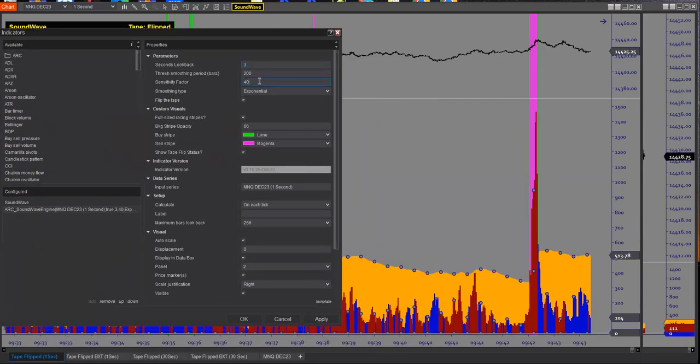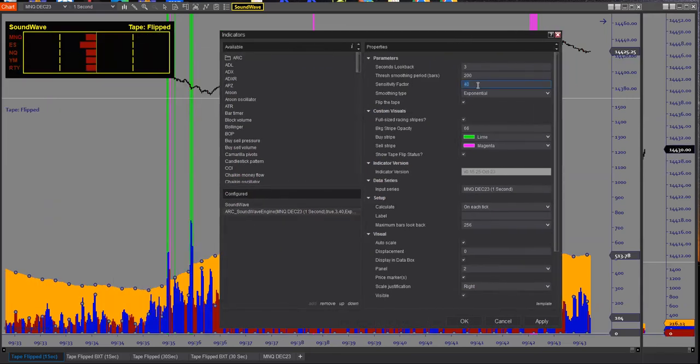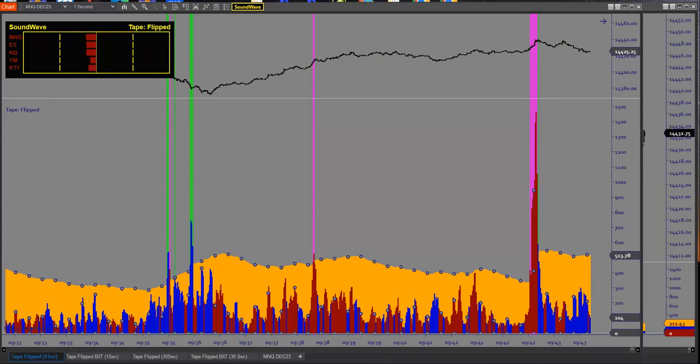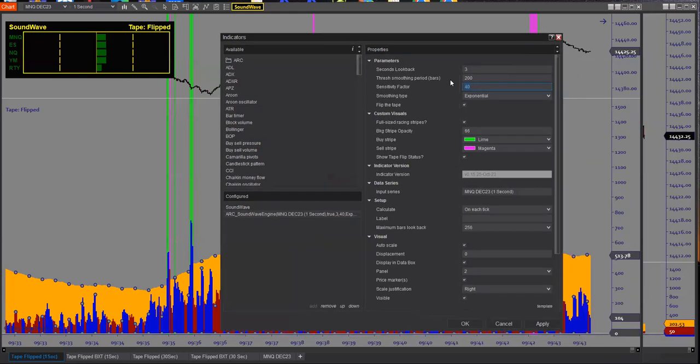If I change the thresholds to, let's say, a 60 or an 80, it's going to require a really big spike. This probably won't be there, this may not even be there, but this would be there because it's a really big spike. The sensitivity factor is how big of a restriction you want to put on those thresholds.